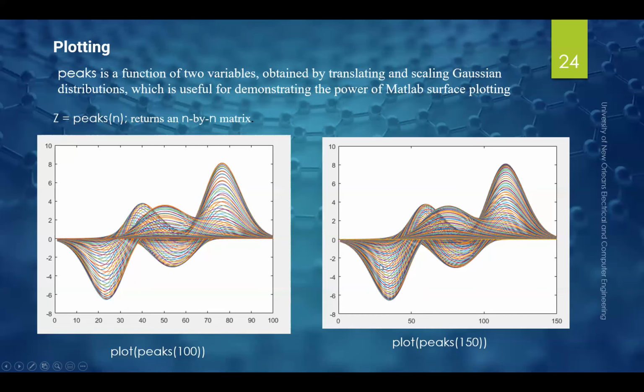So in this case, you have 150 different plots, and this is done very, very quickly in MATLAB. It's just to show you some of the powerful things you can do with MATLAB when it comes to plotting. It's very powerful, and we'll see more of this when we get into 3-dimensional plots and some of the surface plots that you can create with MATLAB.